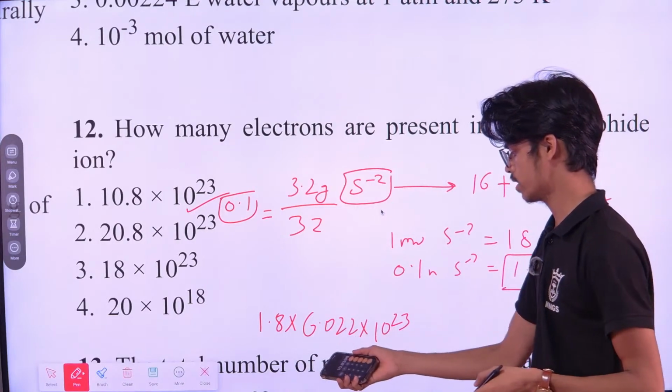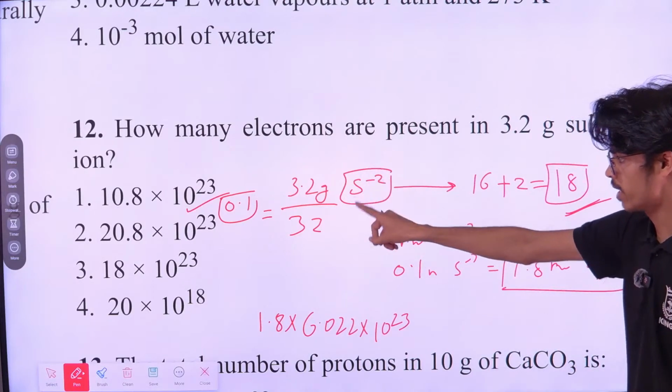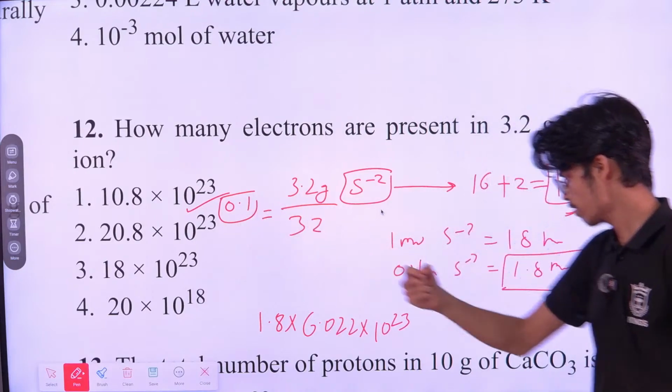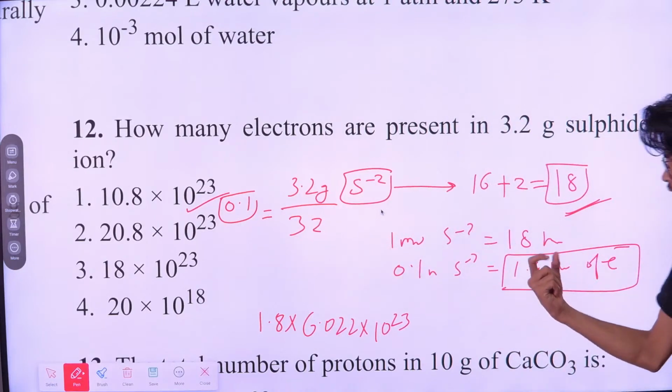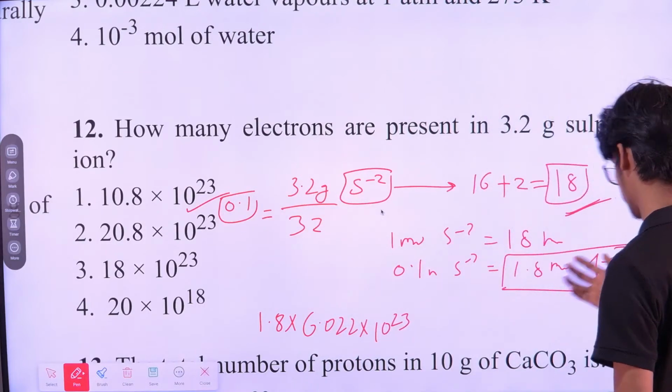So 10.83 into 10 to the power 23, so option number 1. First you find out the moles of sulfide: for 0.1 mole of sulfide, you have 1.8 moles of electrons, and 1.8 moles of electrons has this many particles.